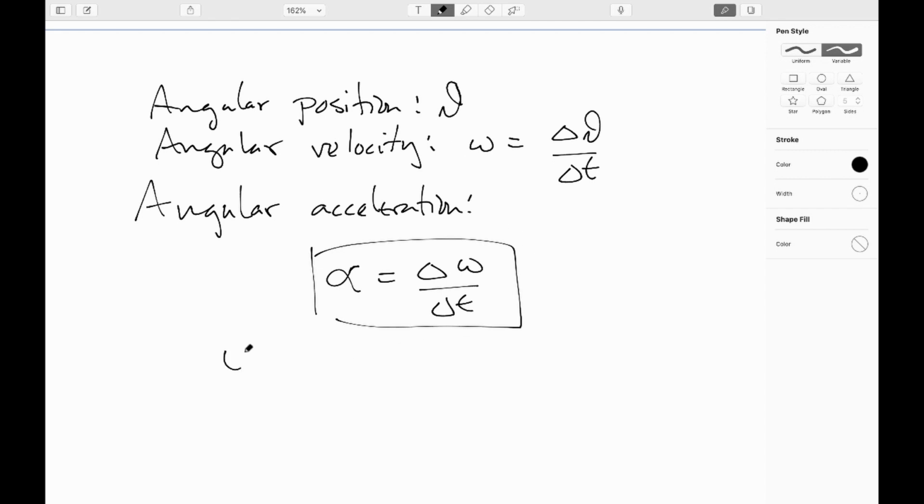All right, so what does this tell us? Well, first let's look at the units. Since the units of angular position was radians and angular velocity was radians per second, this is indeed radians per second squared.